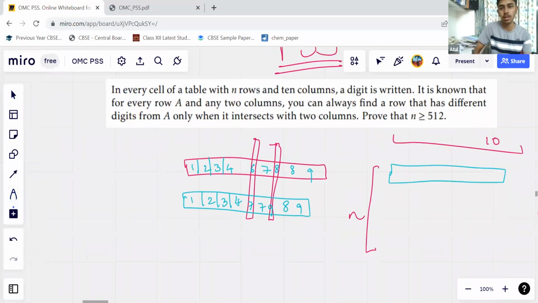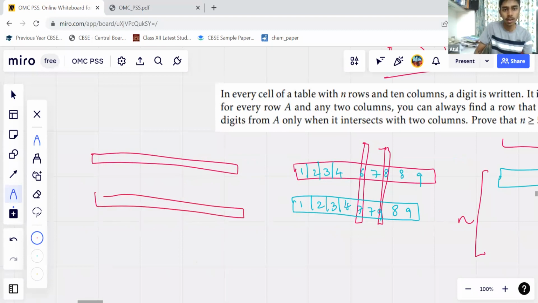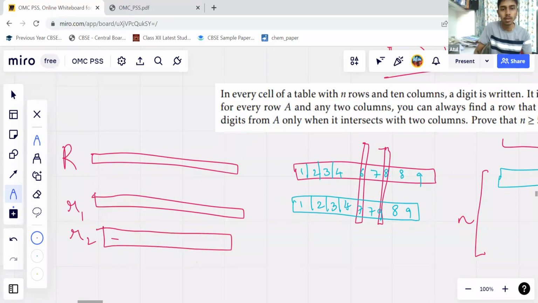Here is one idea. Let's just fix a row. And for every other row that's there, let's just keep track of all the columns where it differs from this row. Let's call this capital R, and the others R1, R2, and so on, all the way until Rn minus 1.